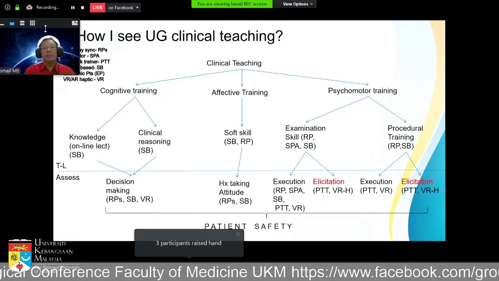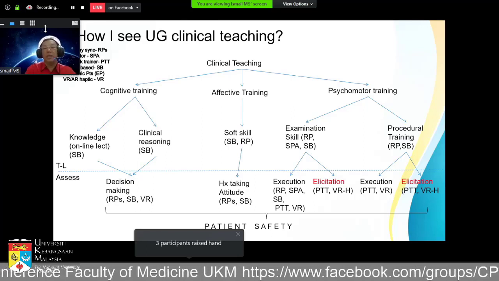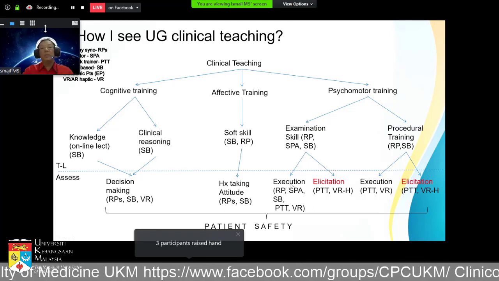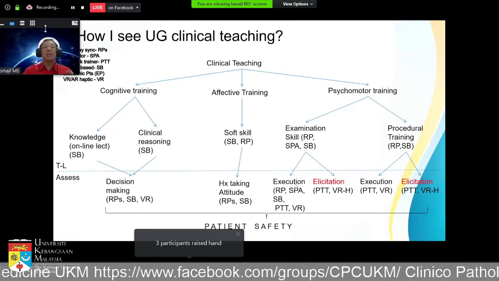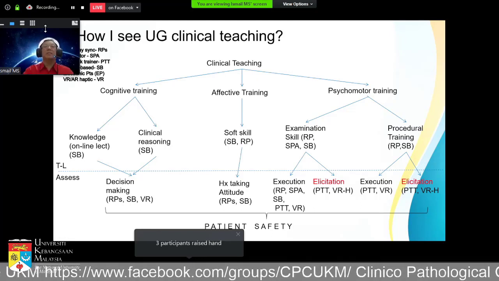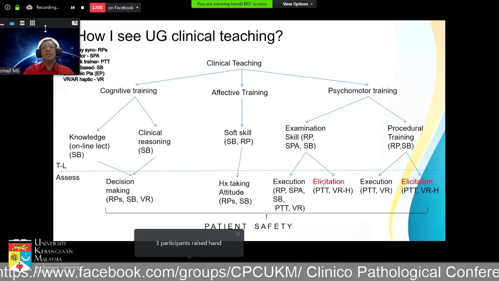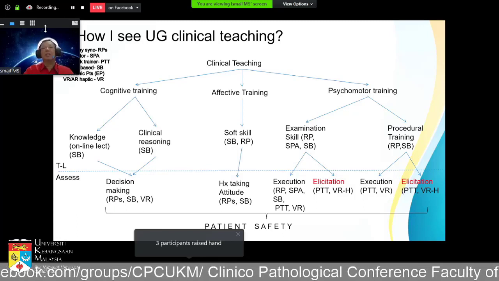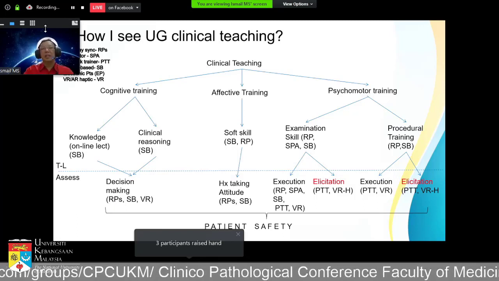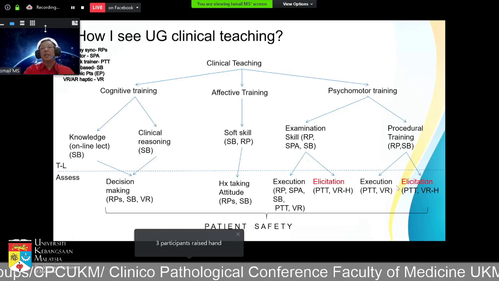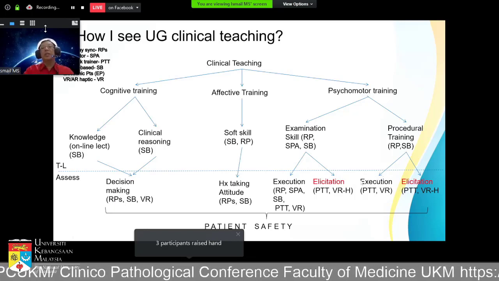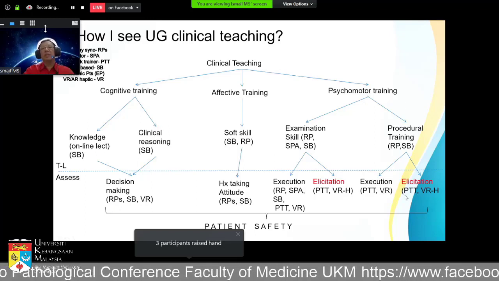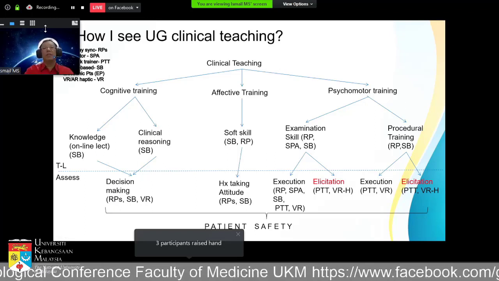One is execution, basically how they execute it, how they do it, and the other thing is elicitation. Execution, I think, is doable. We can do it with just an online method. But in terms of elicitation, I put it in red. I think this is a little bit of a challenge, how to do this in this type of environment. Then again, with procedural, the execution should not be an issue. But in terms of elicitation, there will be a little bit of an issue.